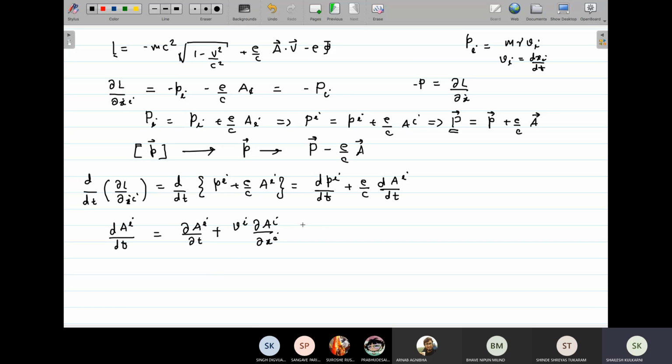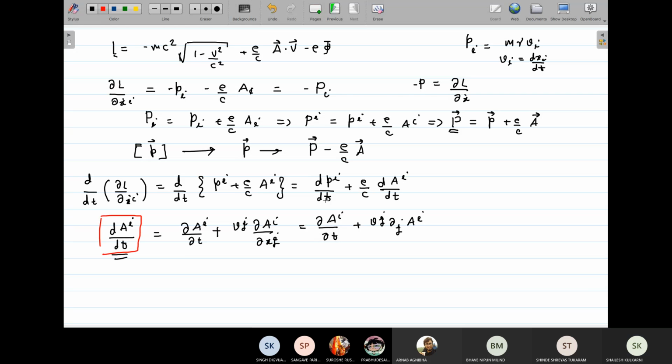Okay, so this is equal to, so this I will also write d/dt as ∂/∂t plus v_i ∂_i. So I should use here a different index j: v_j ∂_j A_i. Yeah, so this is the expression for dA_i/dt.